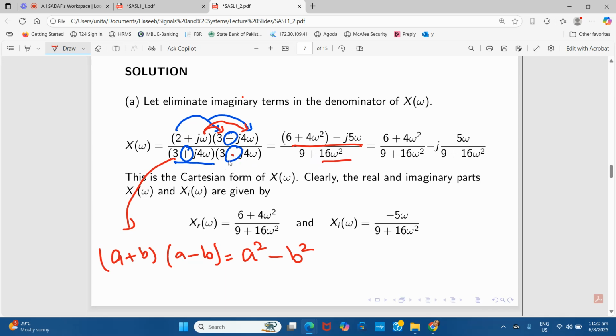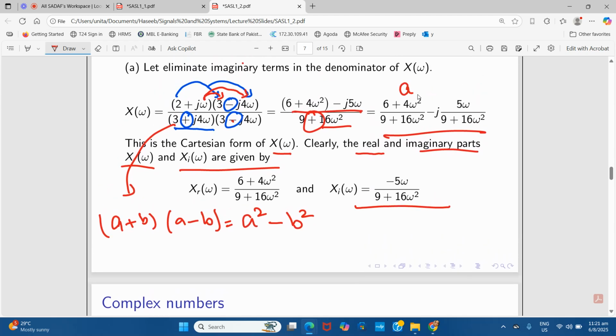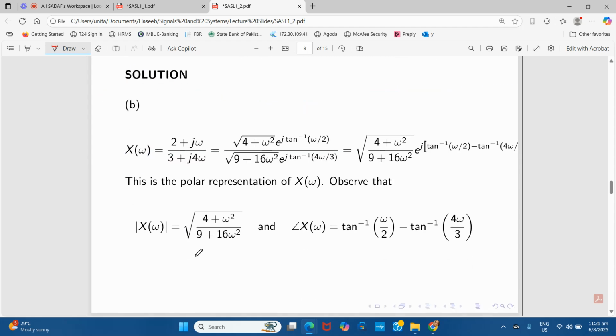As here it is minus, it is going to become plus as well, and it is then mathematically solved in this form. This is the Cartesian form of x of w. Clearly, you can see the real and the imaginary parts over here: this is a, the real part, and this is b, the imaginary part.